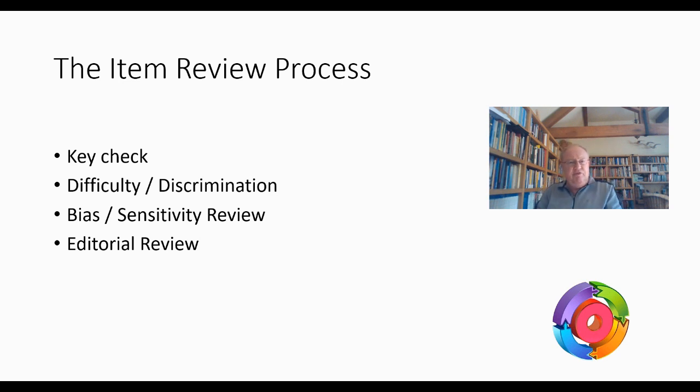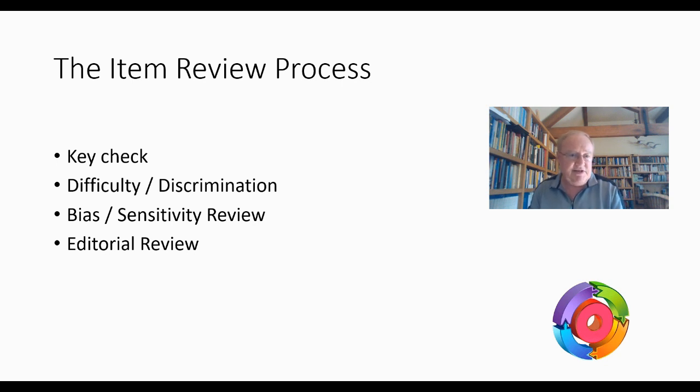Okay, so the item review process, it's iterative, and you saw the video before the class in which Charlie Stansfield, who is a real expert in this, talked about the different stages. We do it at every step, but once an item finishes the final review, in other words, there's nothing left to see, then it goes on to piloting and has a chance of getting into the final test.